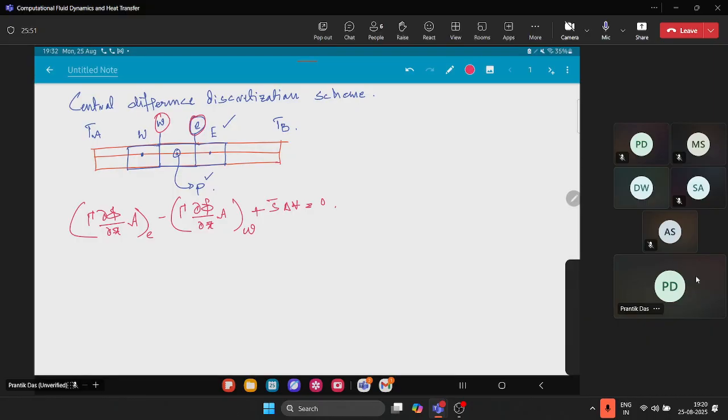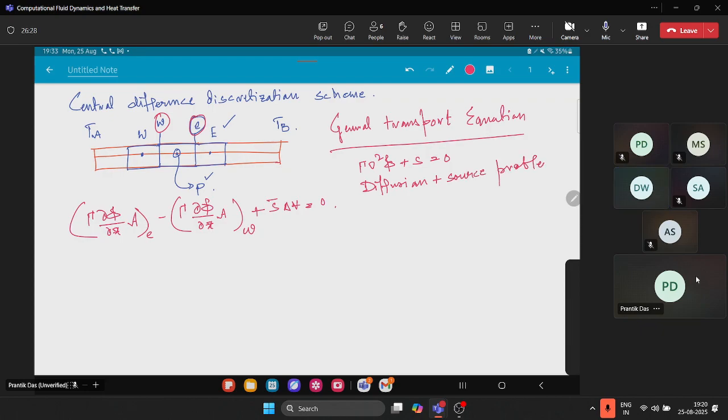For example, the general transport equation for a diffusion plus source problem is gamma del square phi plus the source term equal to 0.